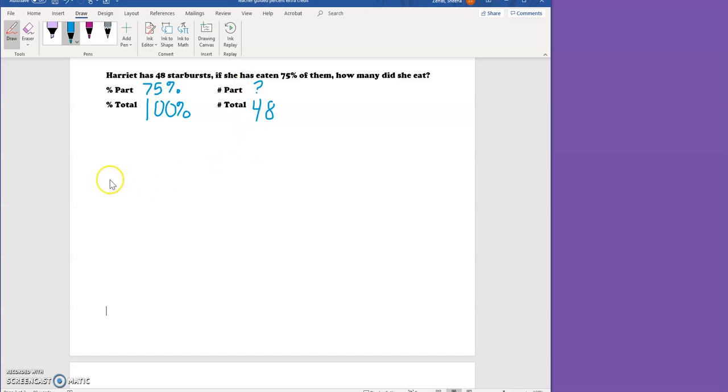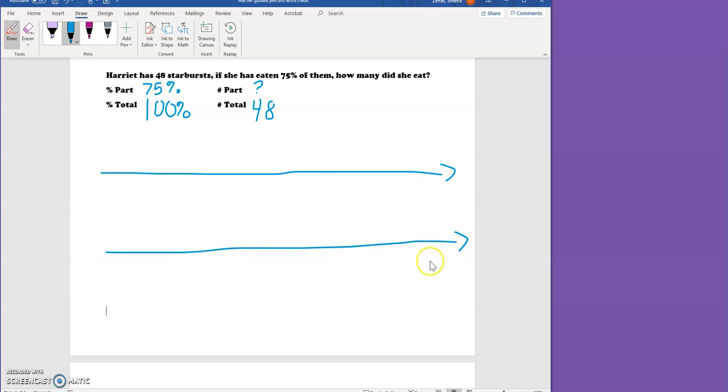When I'm looking to find a value, I'm going to use a double number line to help me figure it out. Because I have already put the information into its categories, it's just now going to take these numbers and put them on the number line. Okay, we have a percent number line and we have our number line.